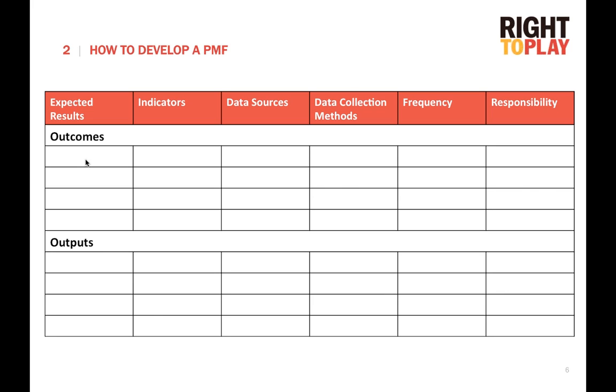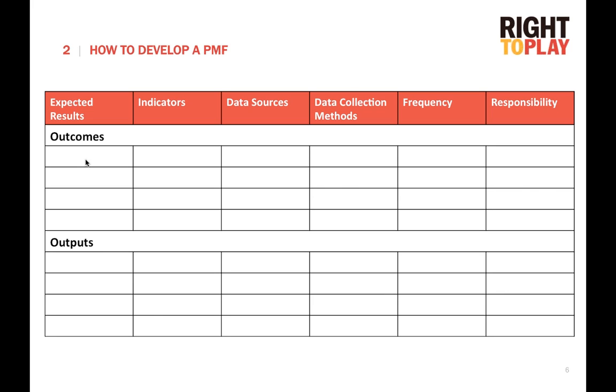Just like a log frame, the PMF is a matrix that's designed to link your program's expected results to every component in the measurement plan in a very logical and orderly way. For the purposes of developing a PMF, you really only need to take the outcomes and the outputs from your log frame.